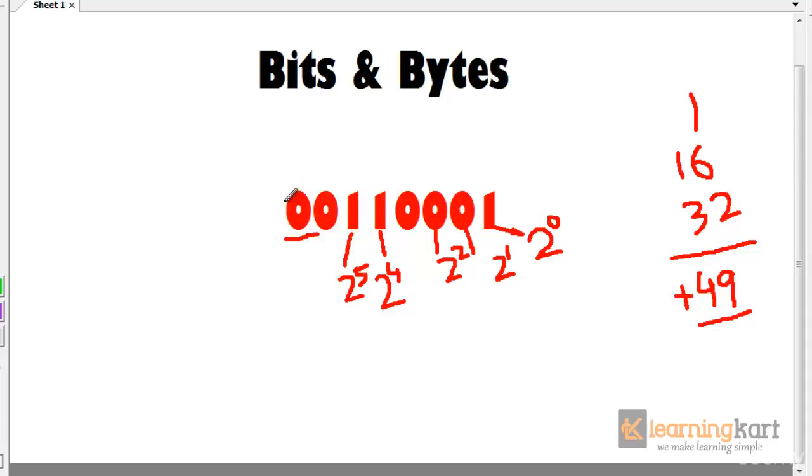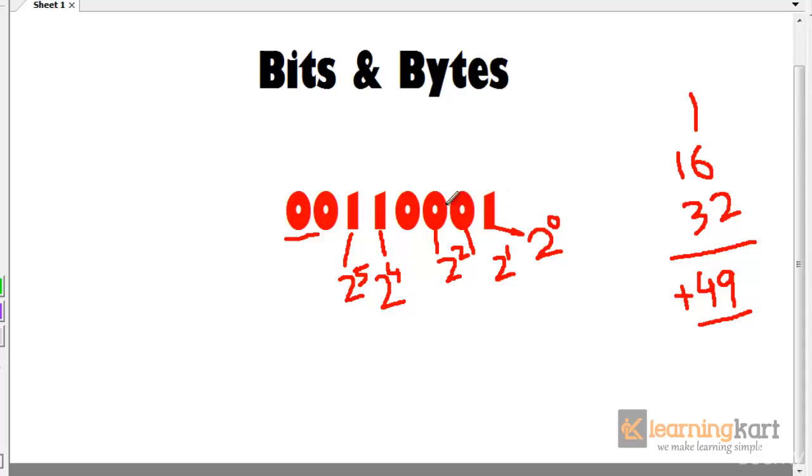So this is not the process that we'll use to calculate the value; we'll shortly see how we calculate the magnitude of negative numbers. As of now, a 0 in this position says the number is positive, and a 1 says the number is negative. So this is how you can evaluate a binary number to its decimal equivalent.